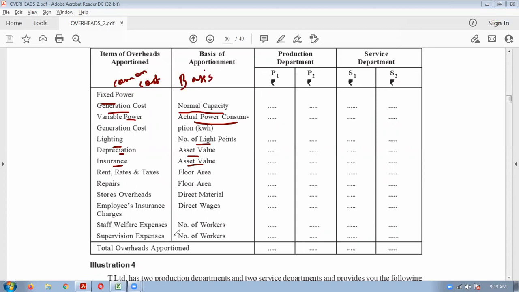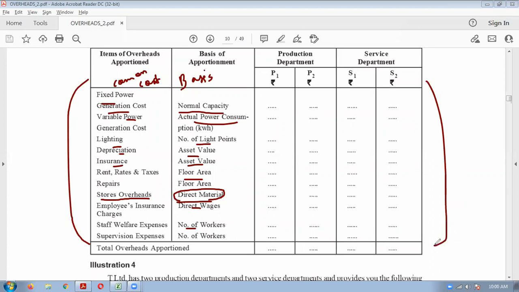So you can remember this because it will come in MCQ. For example, stores overhead will be given and 4 options will be given: direct material, direct wages, number of workers, floor area. So you will have to select the correct option. So very simple questions will come from this. If you remember this table, from this you can score good marks.